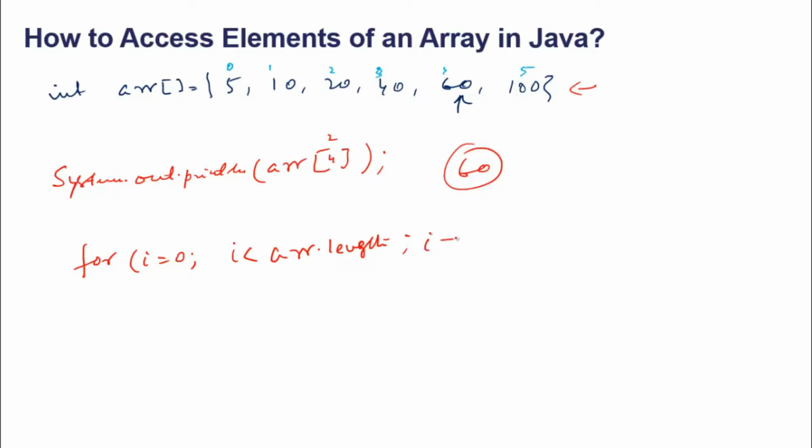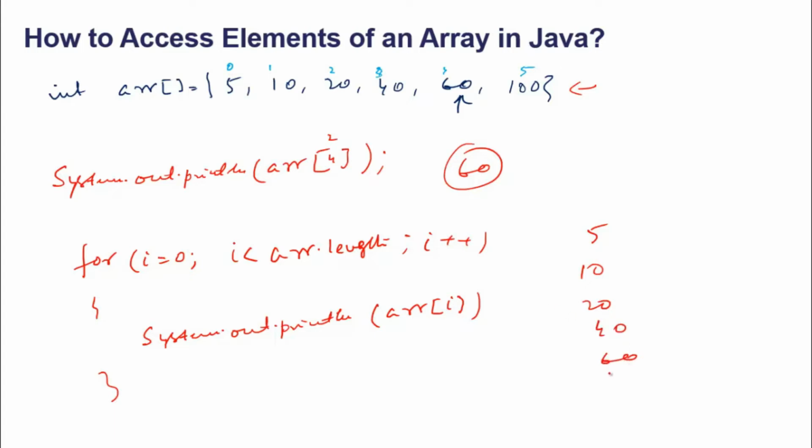Then i plus plus, and then System.out.println(arr[i]). It will print 5, then 10, then 20, then 40, then 60, and then the last element, 100. In this way it will print out.